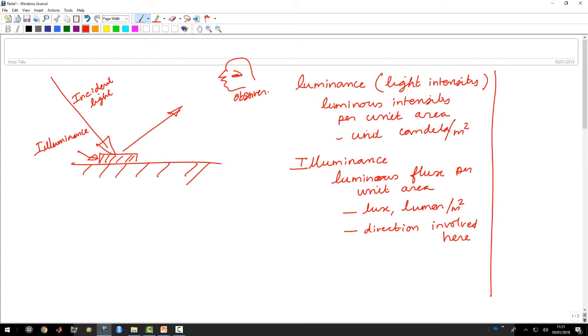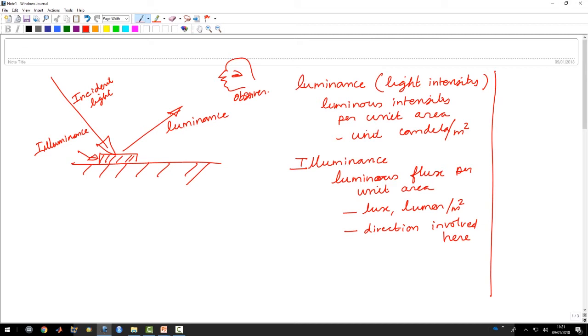So that property of light that depends on the direction is called the luminance. It is light intensity. So you can see that light intensity after falling on the surface and then getting reflected, coming to the observer, is the luminance.